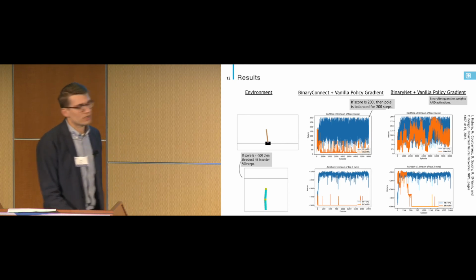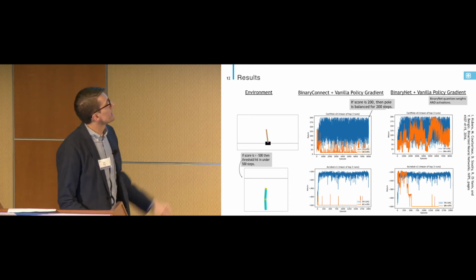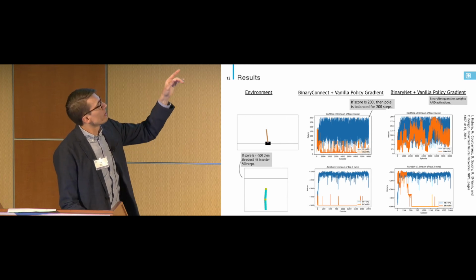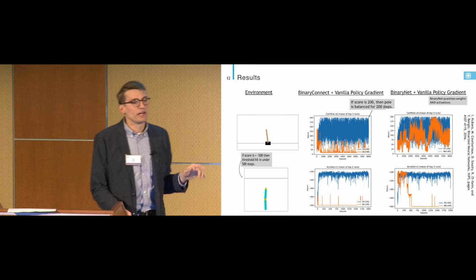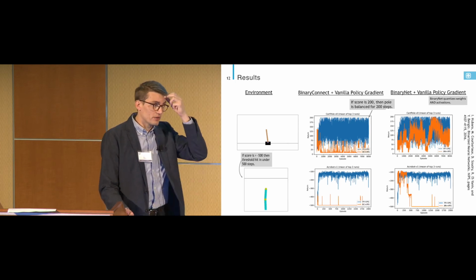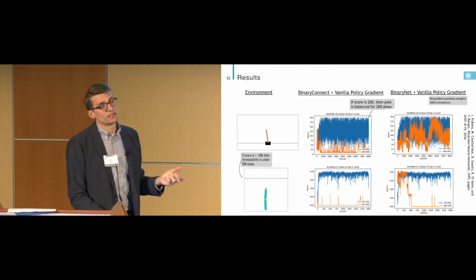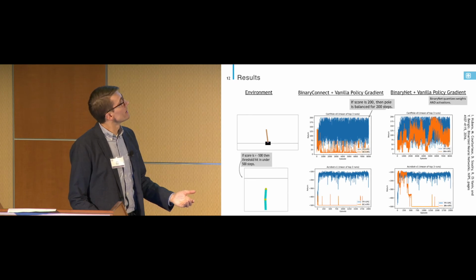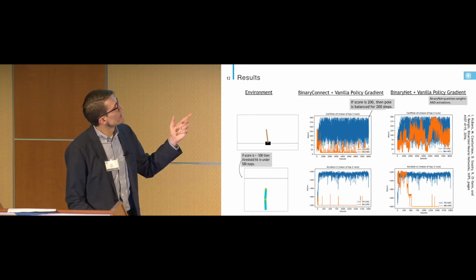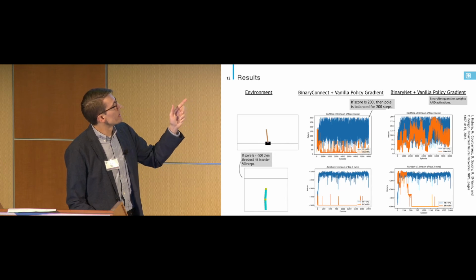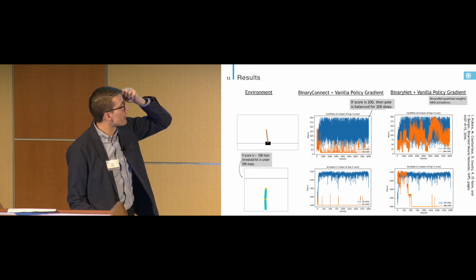Now if you look at the upper right-hand plot, that is a modification of binary connect, another algorithm called binary net. And with binary net, the activations of the units are also quantized to positive and negative 1. And so it's actually even more compressed than just compressing the weights. In this case, you can see that the binary net version actually learns something at around time step 500 or 5,000.